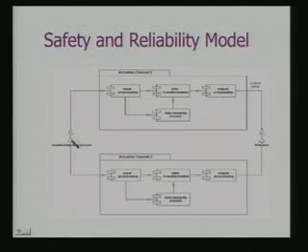The monitoring data source will feed both the actuation channels, and these actuation channels will feed the actuator together. So even if one of them fails, the other one can work. There is an inbuilt redundancy and fault tolerance in the system. The specification for redundancy and fault tolerance can be provided through this kind of safety and reliability model.